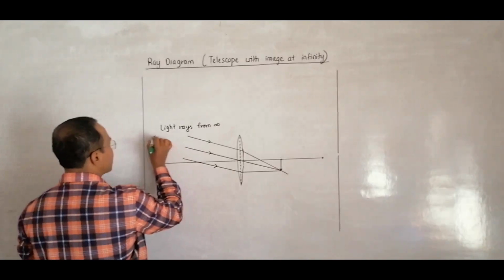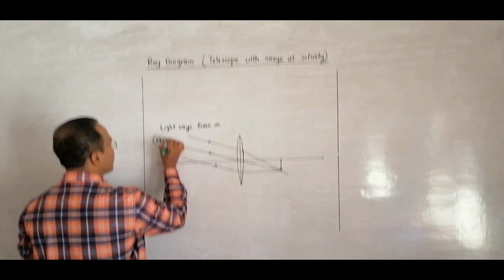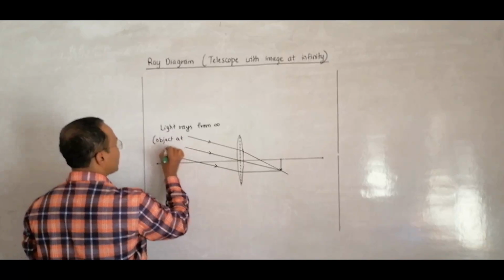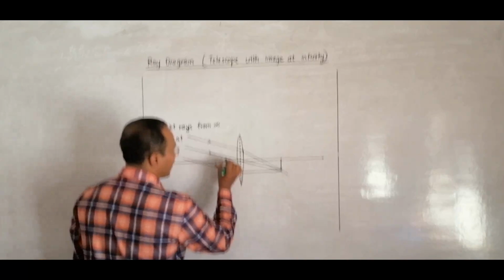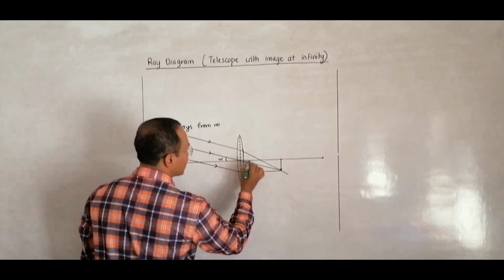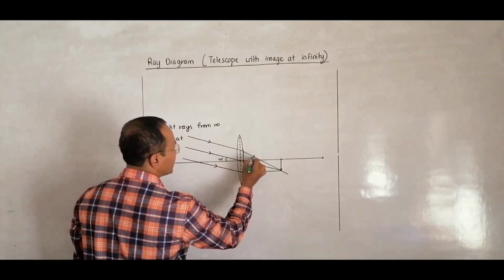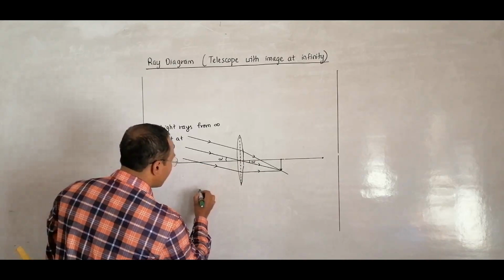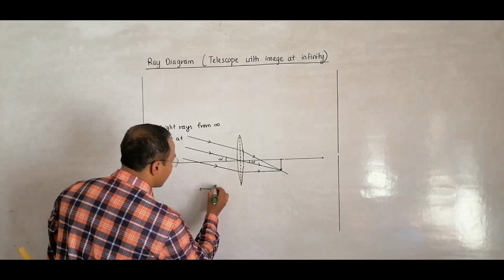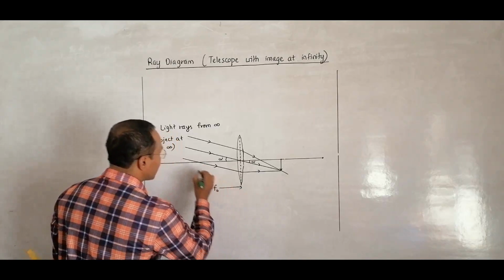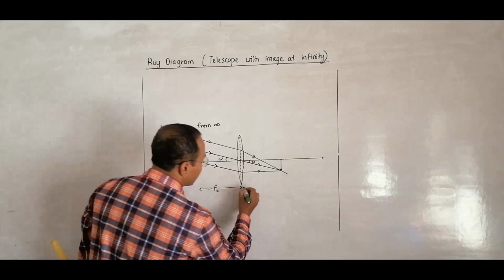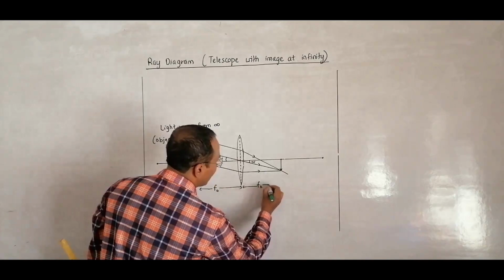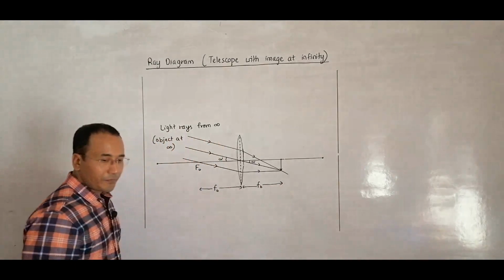So that means I can say object at infinity, and the visual angle here is alpha. This also will be alpha. So these are the rays like this. Now this will be the focus of the objective, FO. This is a large FO, and this also is the focal length, FO, like this.